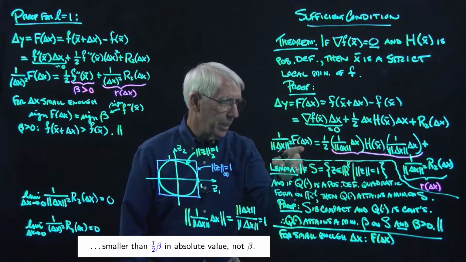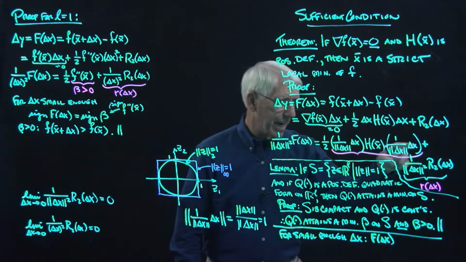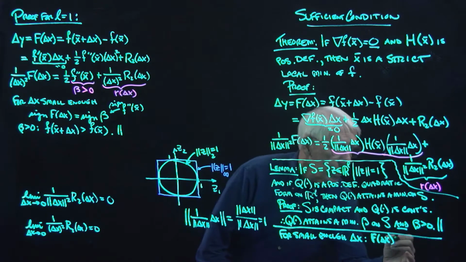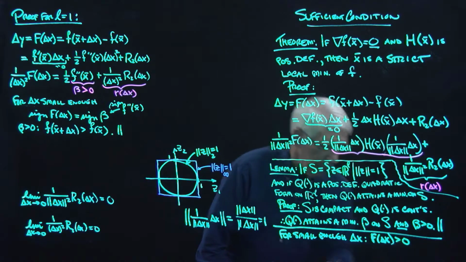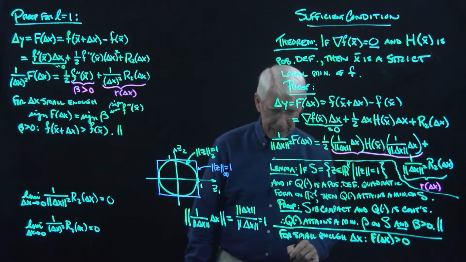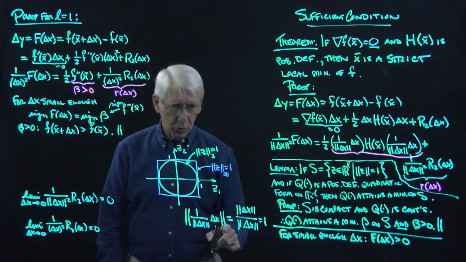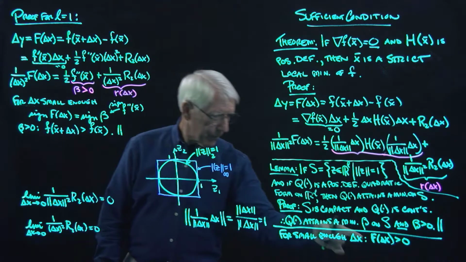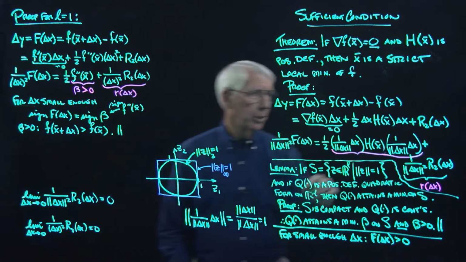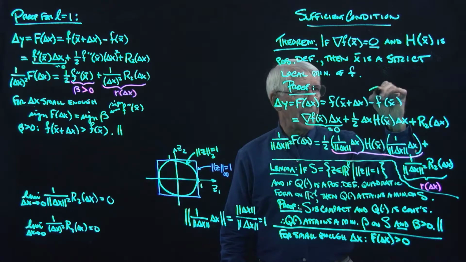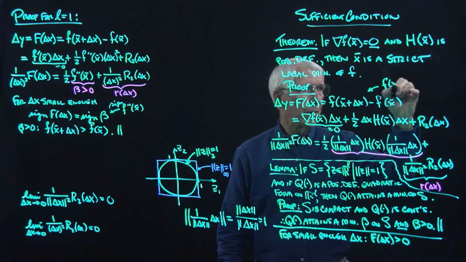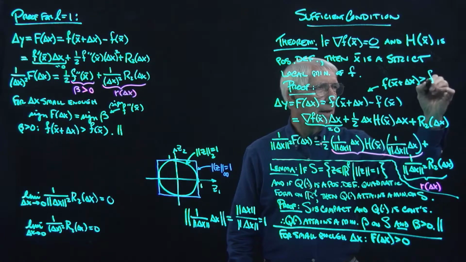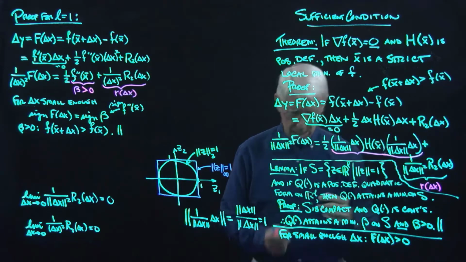So the sign of this is going to be the same as the sign of this, which is positive, because our beta is positive. And if f of delta x is positive, F of delta x is positive, well, we just do that over here. It says that f of x bar plus delta x is bigger than f of x bar.